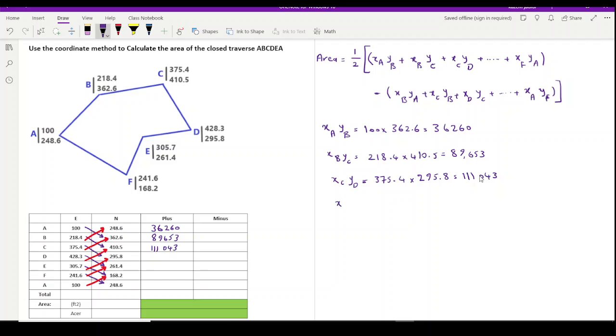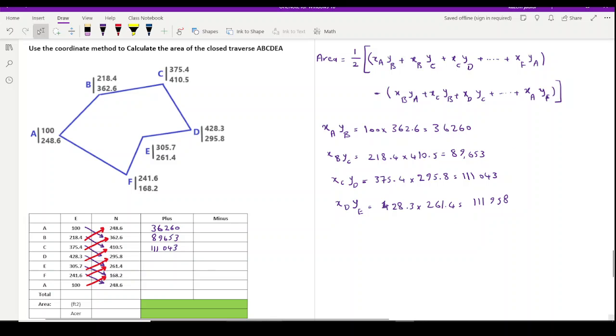Again, xd times ye, and that's going to be, xd is 428.3 times 261.4, and this will give us 111,958. I transfer it to here.